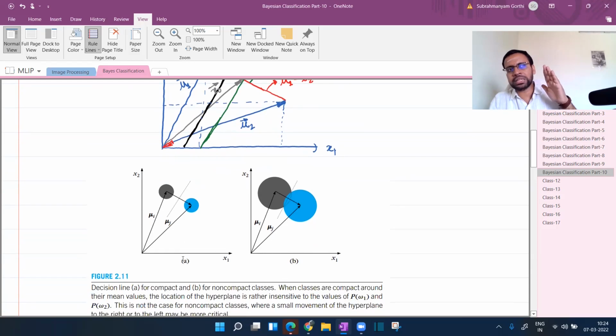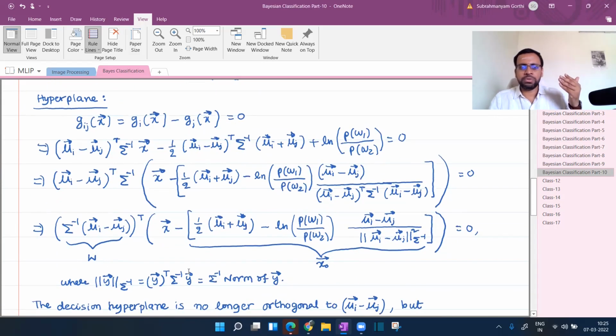The summary of the current class is an extension to that. I still have all covariance matrices the same, but I have a non-diagonal covariance matrix. Then we figured out that, in a two-dimensional case or for that matter any dimension, the vector mu i bar minus mu j bar is no more perpendicular to your decision hyperplane, but rather the hyperplane is perpendicular to sigma inverse, a linearly transformed mu i bar minus mu j bar.